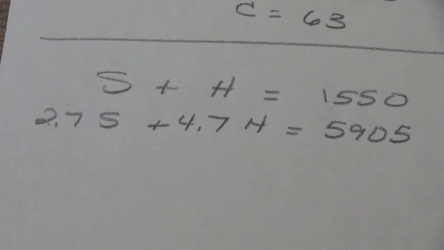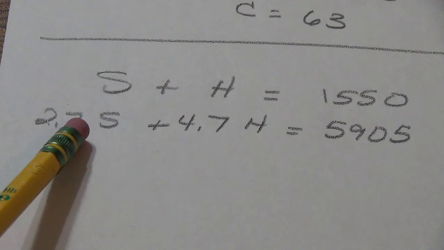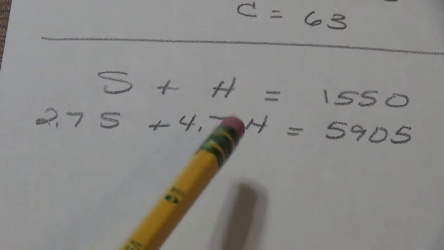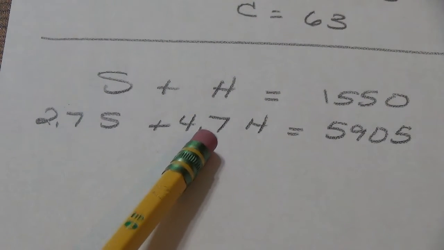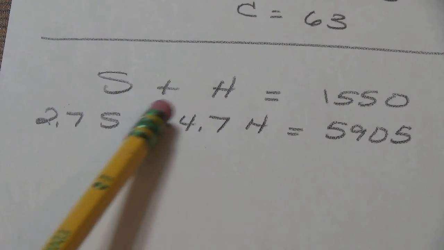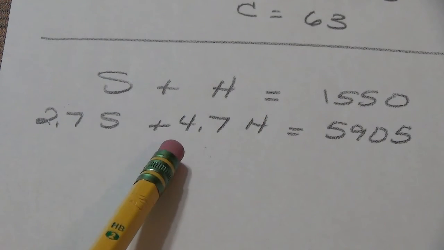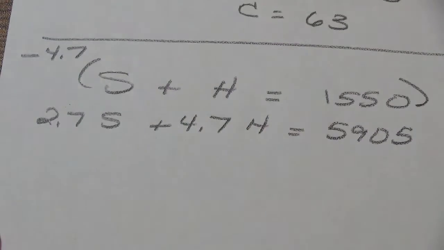Again, on this one, it wants to know how many of the standard. So since I want to find the standard, I want to get rid of the high quality. I'm going to multiply by the opposite of what's in front of the high quality. So I'm going to take this top equation and multiply by negative 4.7 and then use my distributive property. So multiplying it times that, and then of course times the other number.